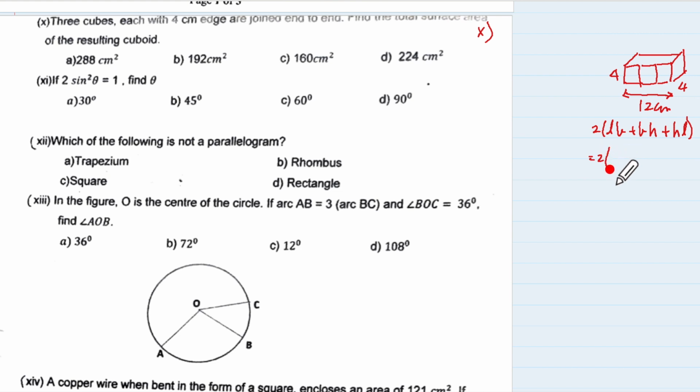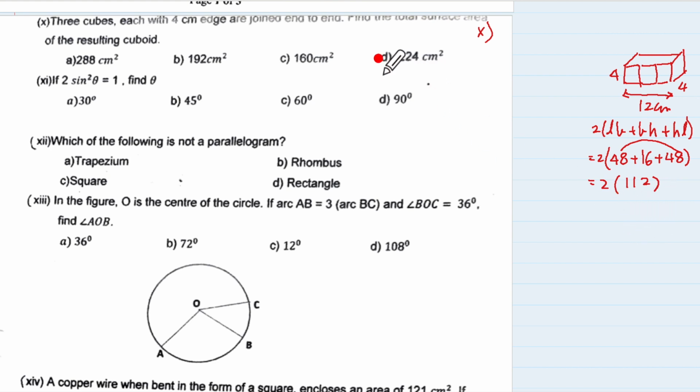So that will be 2 into bracket length into breadth will be 12 into 4 means 48 plus B into H means 4 into 4 means 16 plus H into L means 12 into 4 means 48. So that is 2 into bracket. This gives us 96. 96 and 10 is 106. 106 and 6 is 112. So double of this.